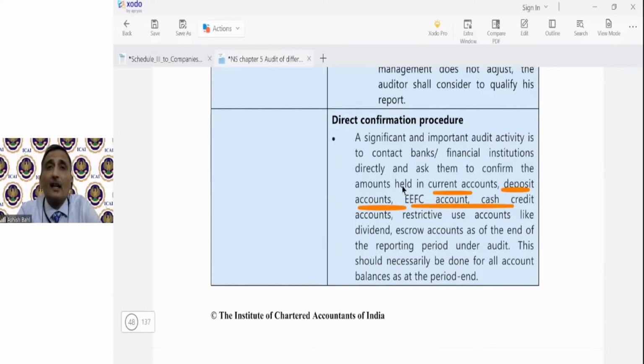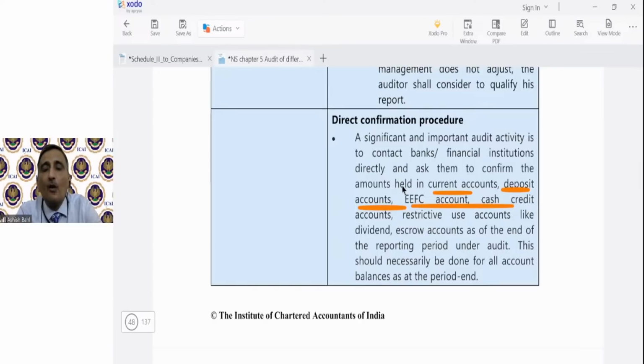So students, you remember that in the Satyam scam, what happened was that the company produced fake bank statements of some overseas banks, banks which were situated in foreign countries.